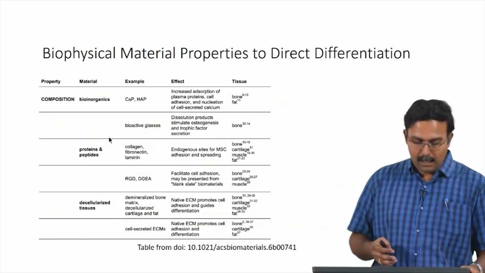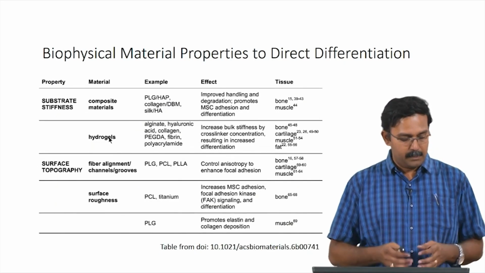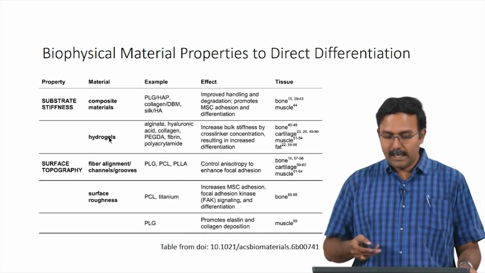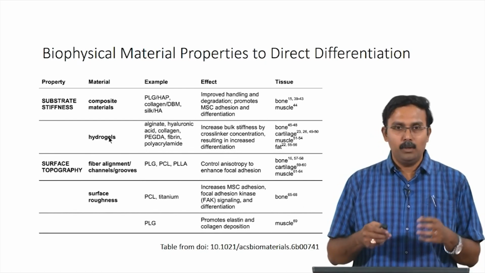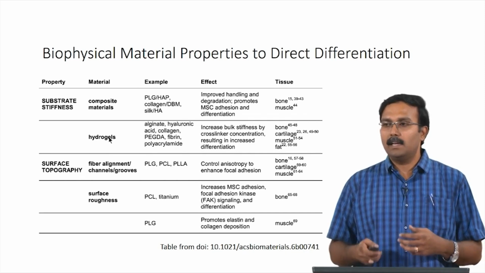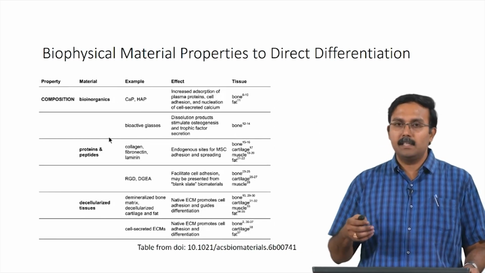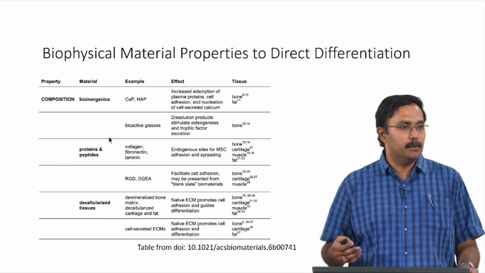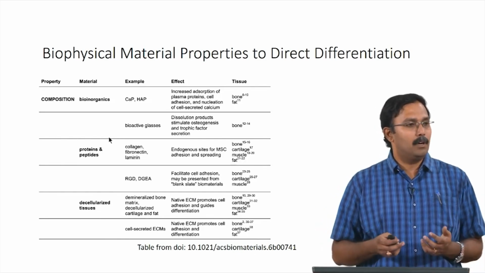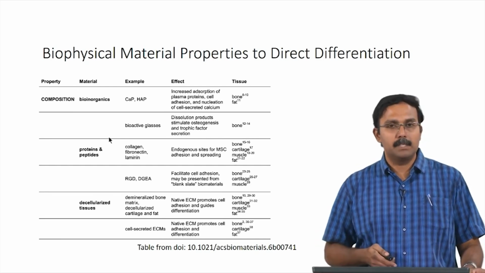Here are some examples where composition, stiffness and topography have been used to get different types of cells. I am not going to go into each and every one, but I hope you would go through this to understand what each of these materials and properties can do. This gives an overview of what people have tried and been able to accomplish.